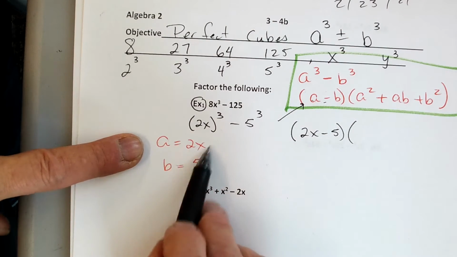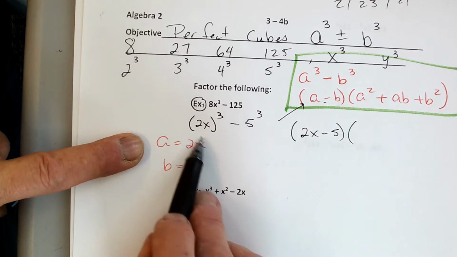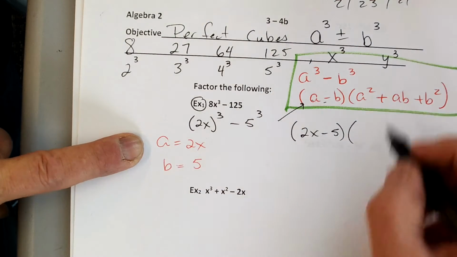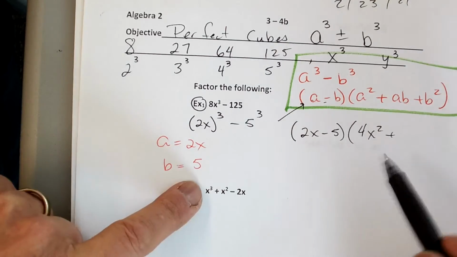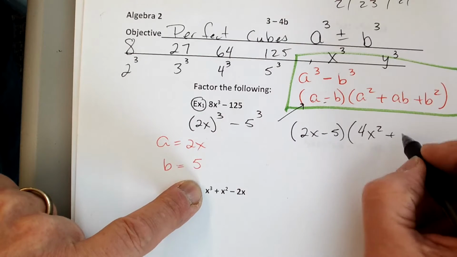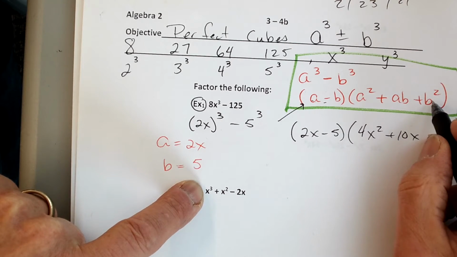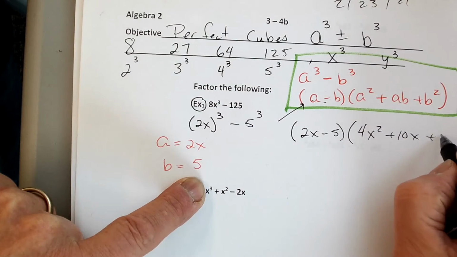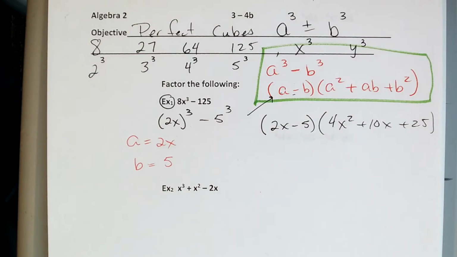All right, what's this squared? Isn't that 4x squared? You guys agree with that? Plus ab. ab means a times b, which is 10x, plus b squared, which is 5 squared, 25. And that's it. We're done. That's the answer. Okay.